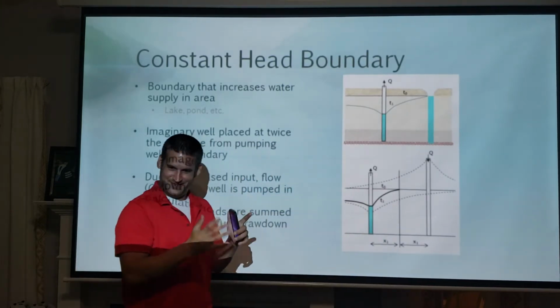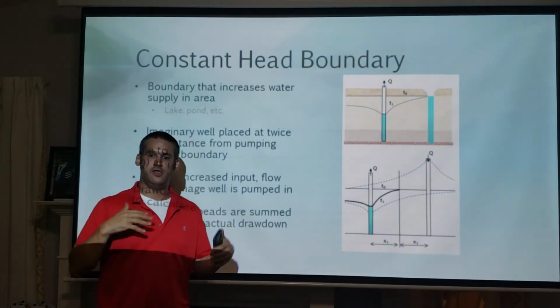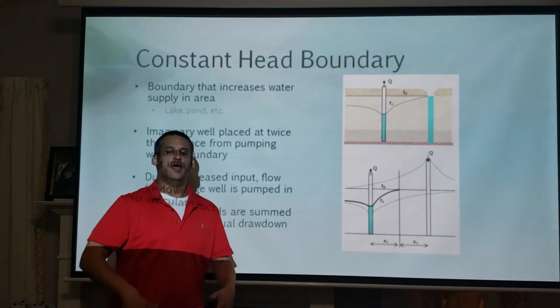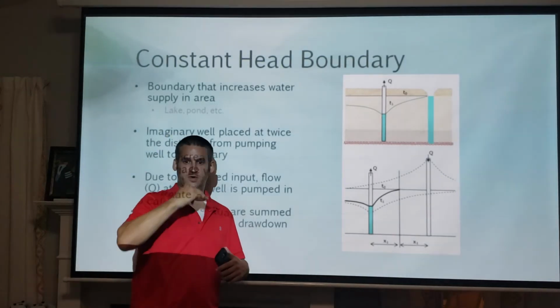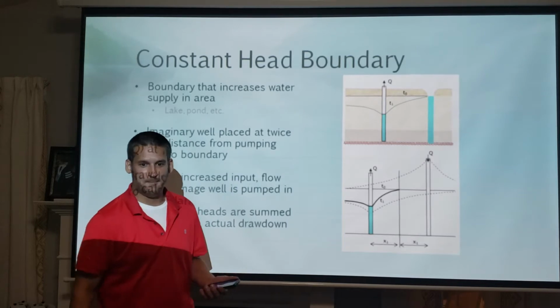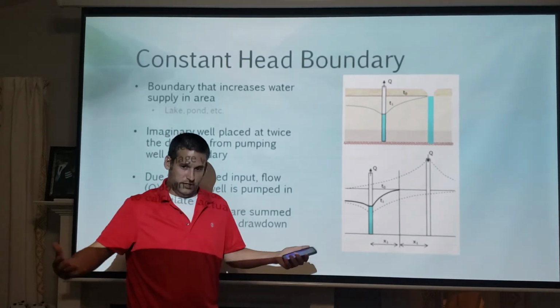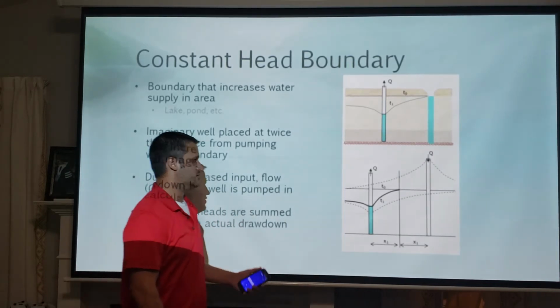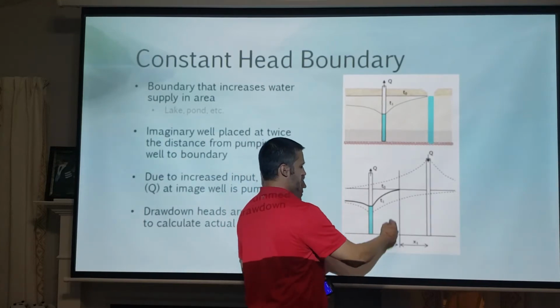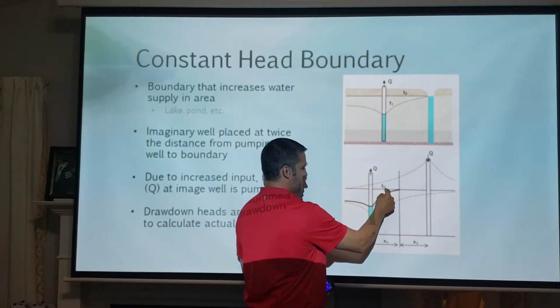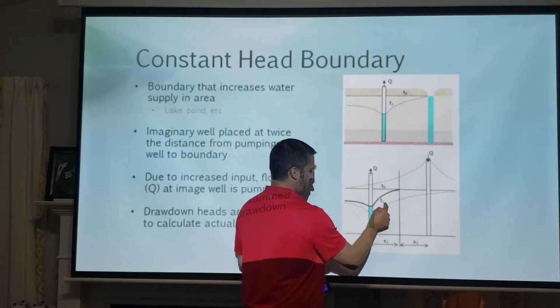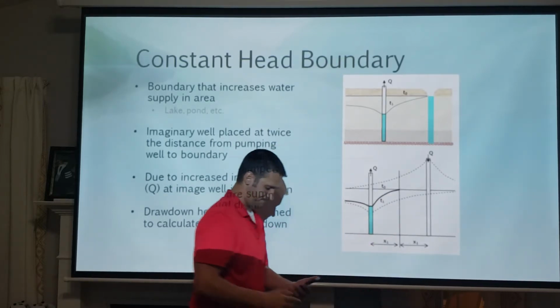It's not going to be exactly in the middle. A lot of factors involved in that, but it is going to be between the two. And so, just like in the other cases, drawdowns are just summed. You would basically subtract this from this, and that would be your drawdown.